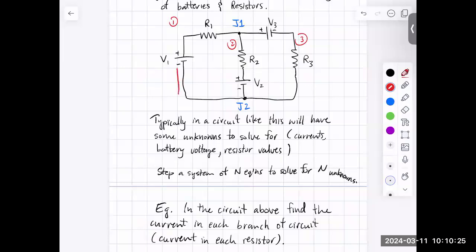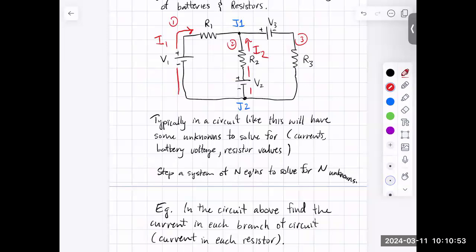I'll say that the current in that first branch, we'll call it I1. And I just picked a direction. I happen to pick from J2 towards J1, or like an upwards current through that first battery. And then I'll pick another current for the next branch. We'll call this one I2.